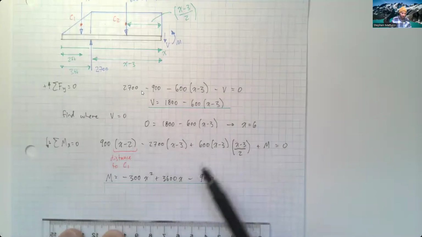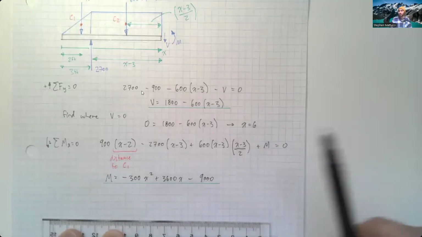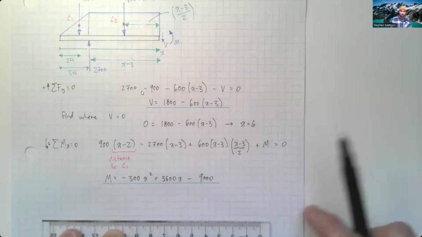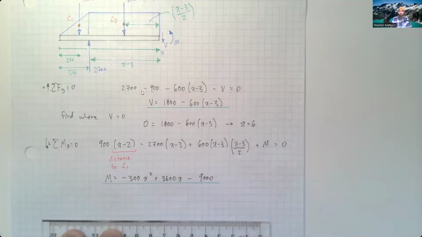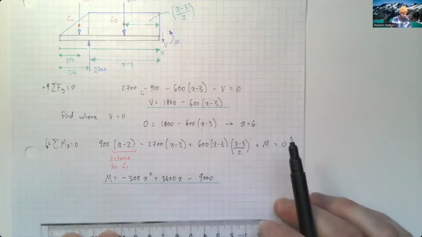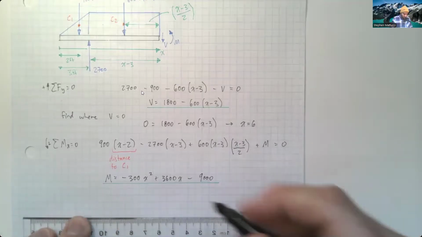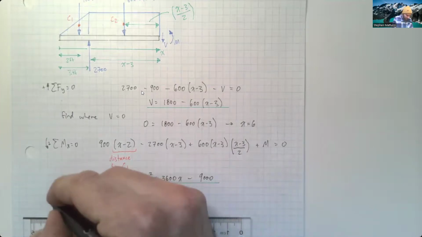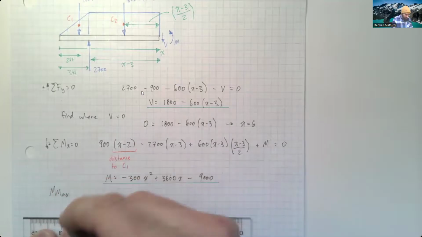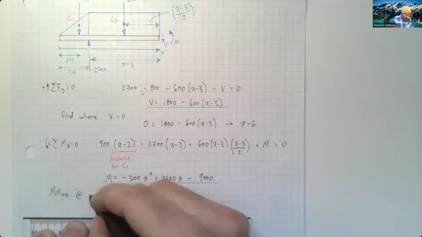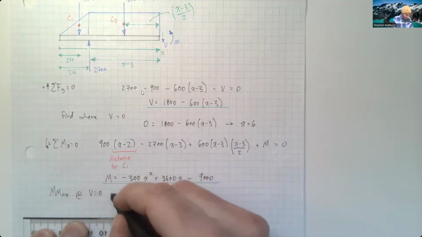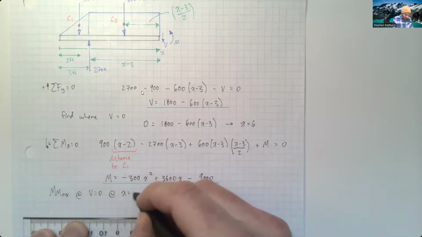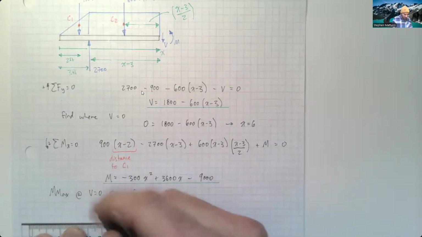So we said before that this value x equals 6 is important because that will be a maximum or a minimum. So let's solve what that is such that we can plot it more easily. So we know that there's a moment max at V equals 0, at x equals 6.